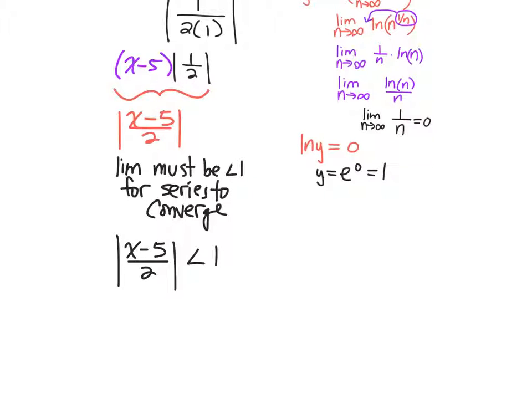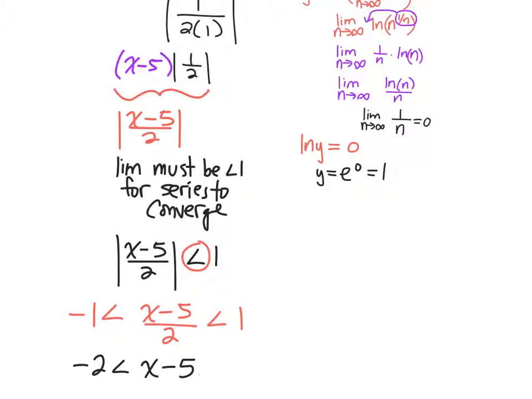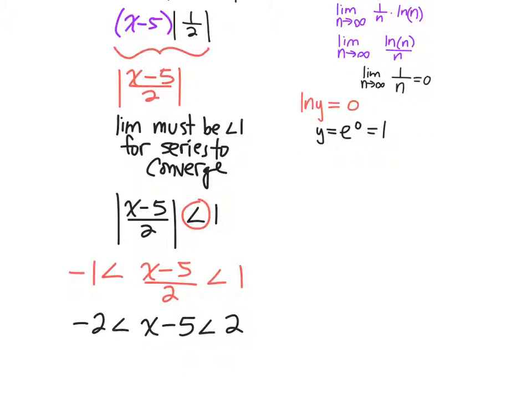When you have an absolute value inequality, specifically one with a less-than sign, it converts in such a way that the absolute part of it is in between positive and negative whatever's on the right-hand side. So I have that. I can multiply everything by 2. And then add 5 to everything.